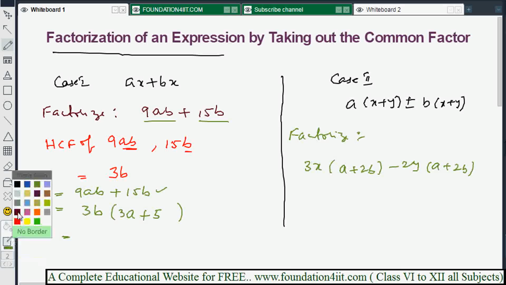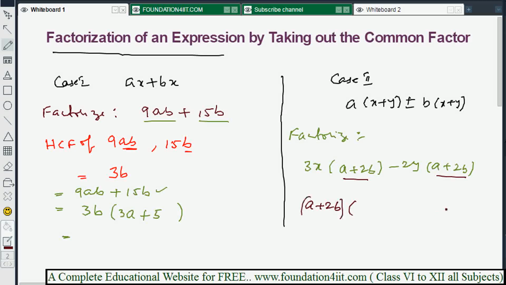So here a plus 2b is common, and you can take the full polynomial as common. The remaining in the first term is 3x and the remaining in the second term is minus 2y. That's the answer: (a plus 2b) into (3x minus 2y).